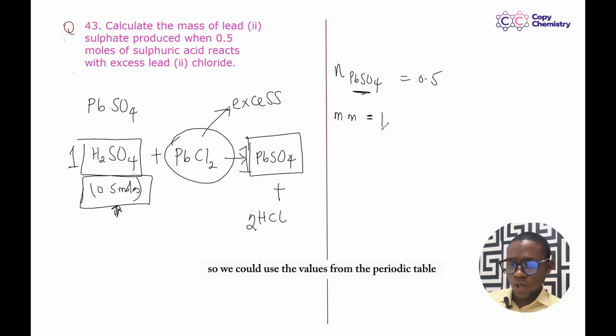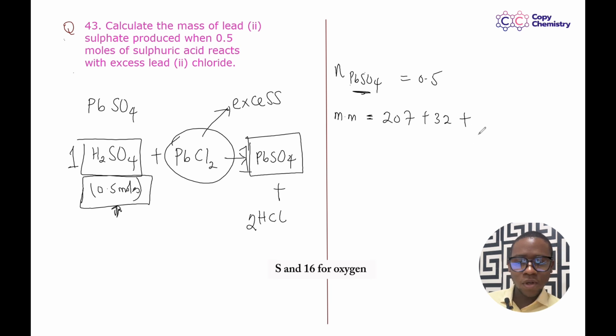Alright, so we could use the values from the periodic table or whichever one your teacher provides you with. 207 for lead, 32 for sulfur, and 16 for oxygen. Because of the 4 down here, I have to put the 4 there to multiply it. Okay, so doing all this, you would have 303 grams per mole.